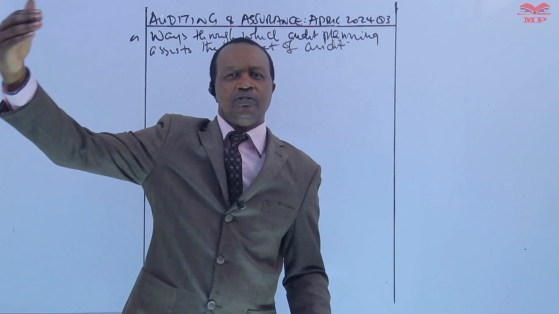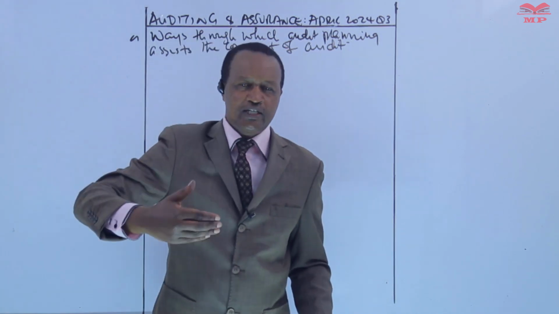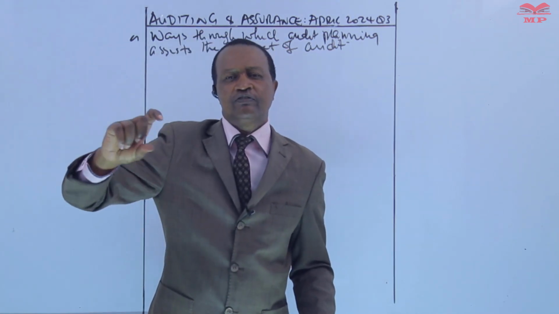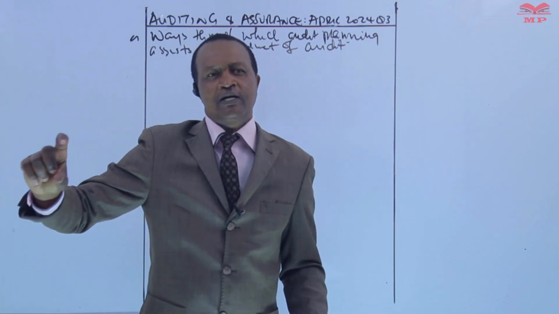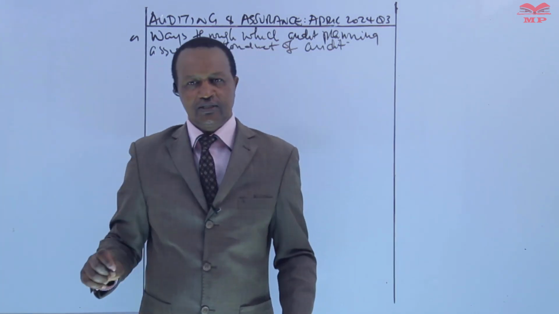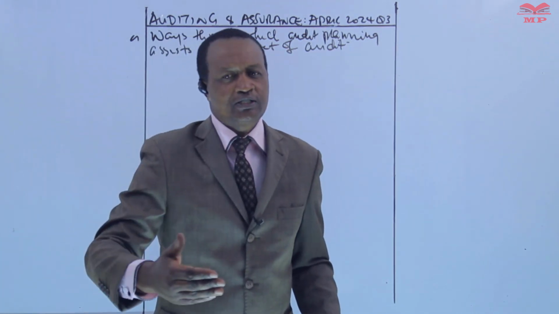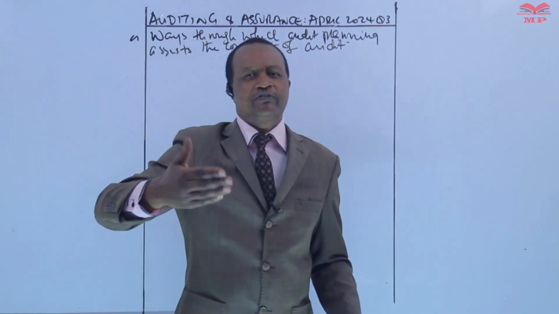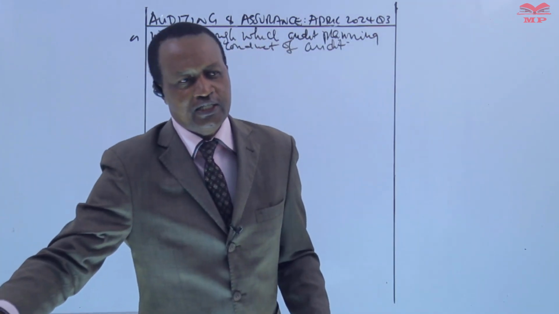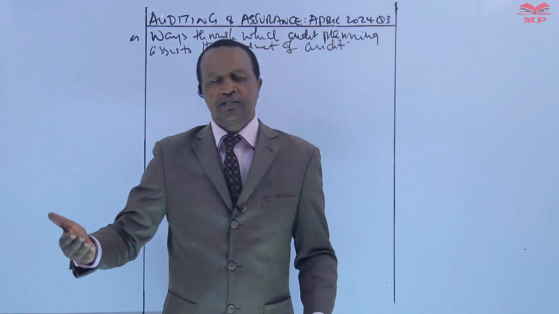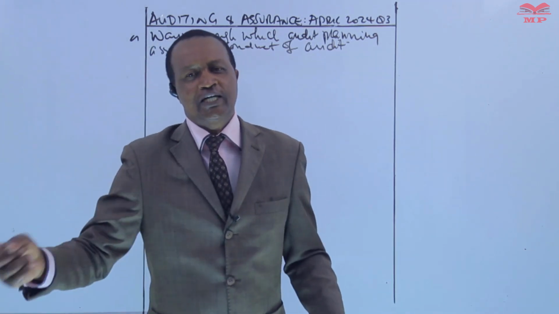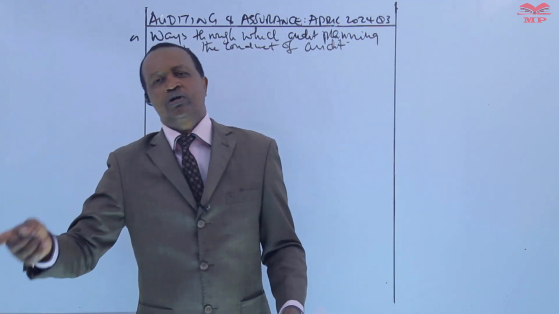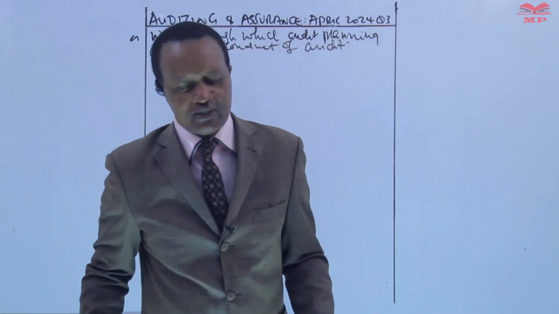Because at the end of the audit, the auditor is required to give an opinion as to whether the financial statements portray a true and fair view, and as to whether the company has complied with the applicable accounting framework.